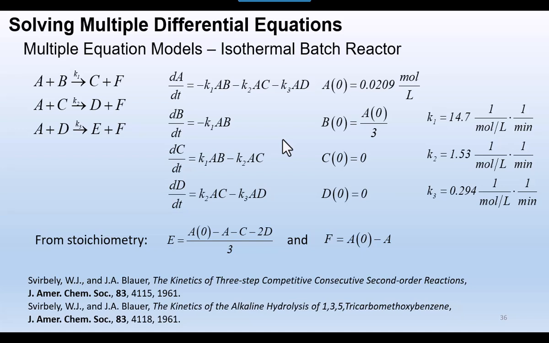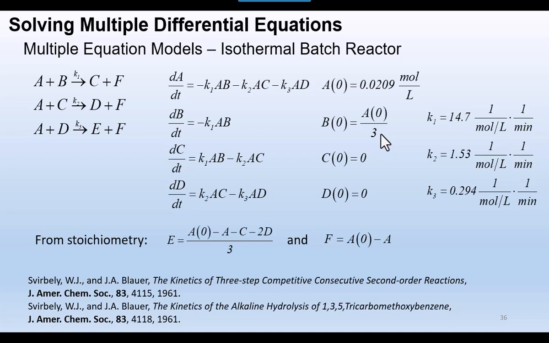The rate parameters K1 through K3 taken from the literature are shown on the right-hand side of the slide, and the initial conditions turn out to be the same ones that we used for our prior simple example. All right? This being more complicated, we want to see how this system is organized.